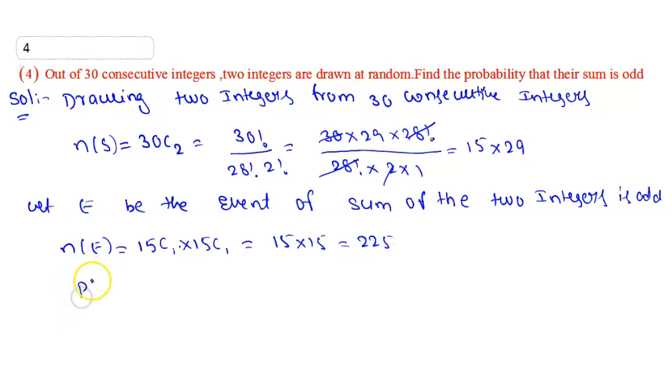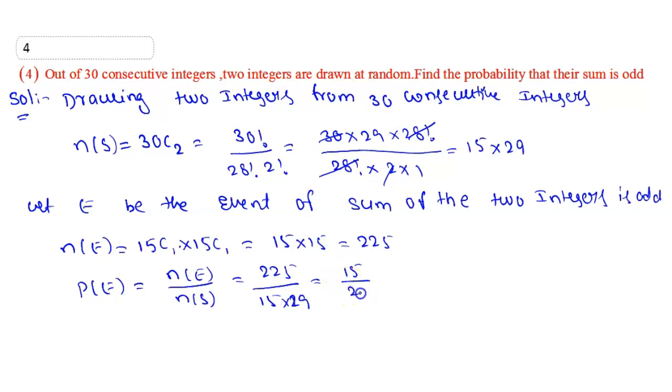Therefore probability of an event is equal to n of E by n of S, right? So this is equal to 225 by 15 into 29. So 15 ones are 15, 15s cancel out.